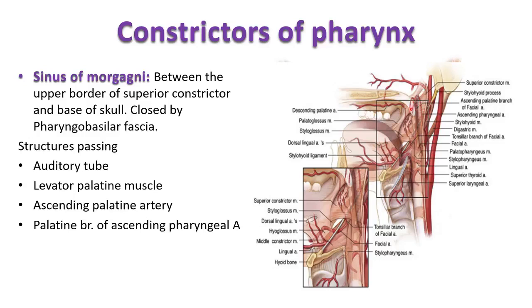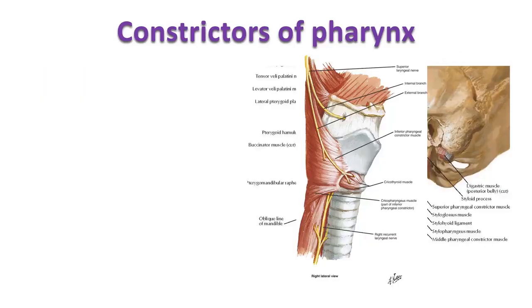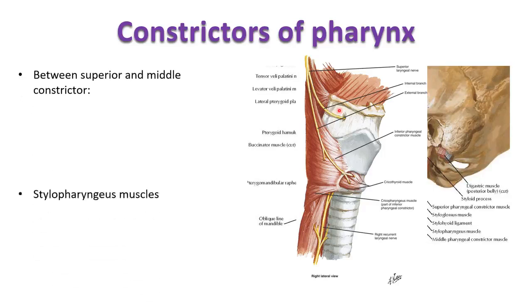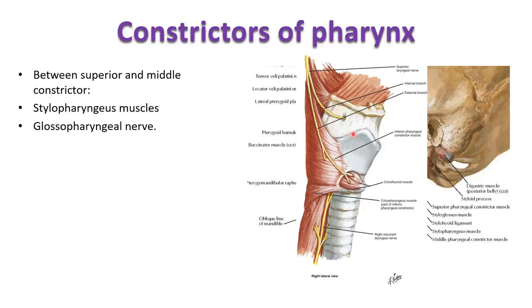So these two, along with the levator palati muscle and the auditory tube, pierce the sinus of Morgagni, which is above the superior constrictor. Between the superior and the middle constrictor, you mainly come across the stylopharyngeus muscle along with the glossopharyngeal nerve.